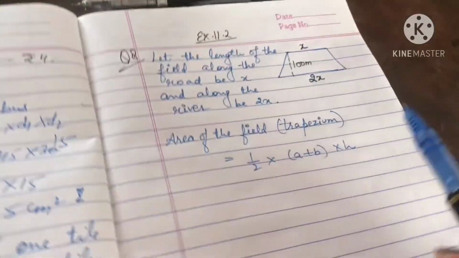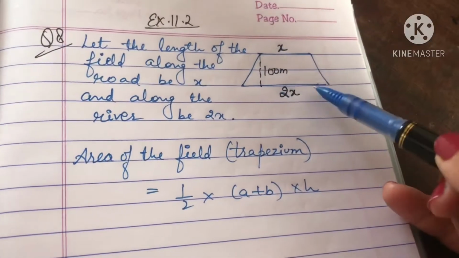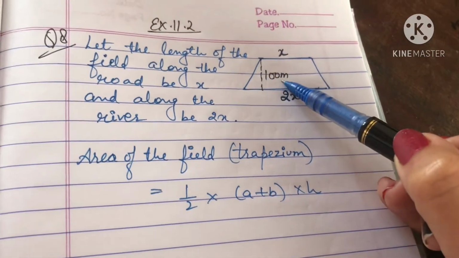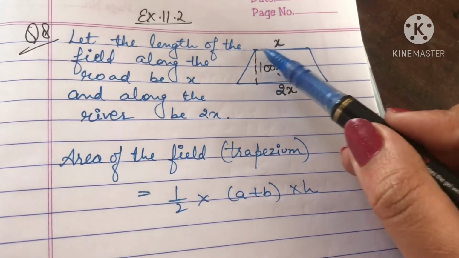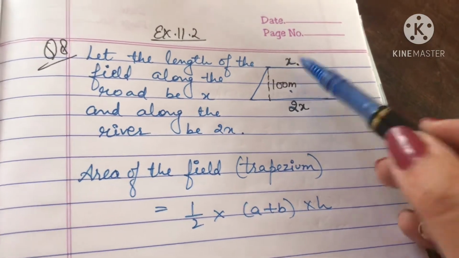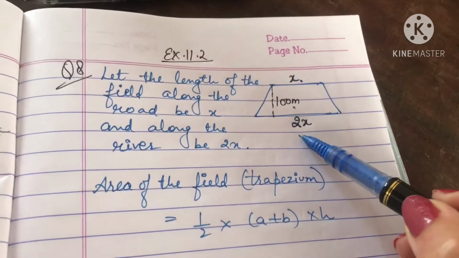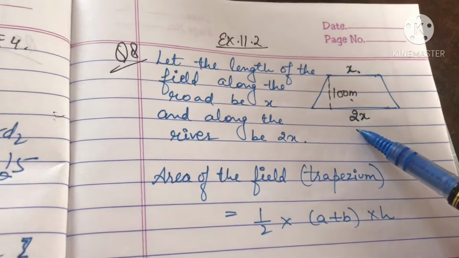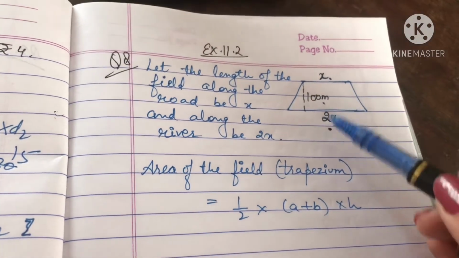So if this is the height, which is 100 meter, and the side along the road is x, then the side along the river will be 2x.